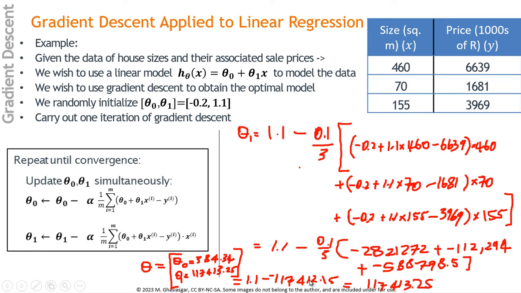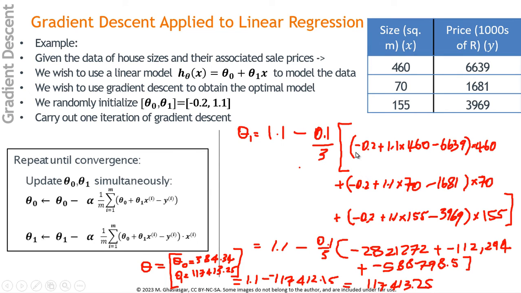Right. Now, how to update theta 1? Very similar. I'm going to use the second equation here. So I start out with my initial theta 1, which is 1.1, and here I'm going to subtract 0.1 over 3, and then I have these values here.